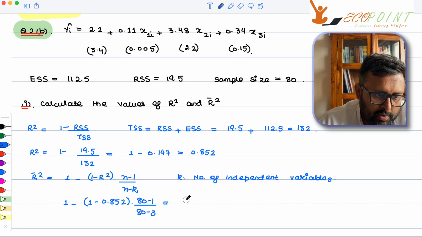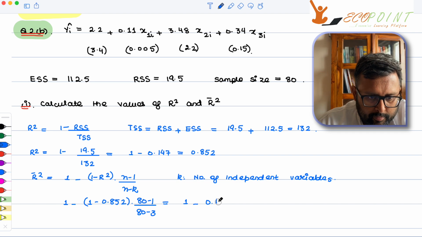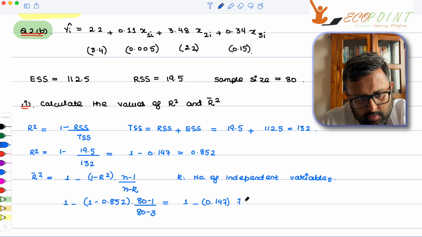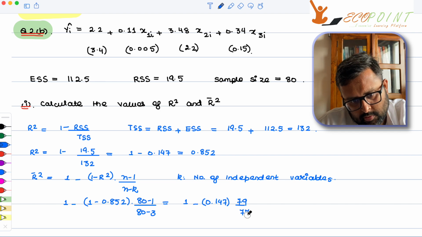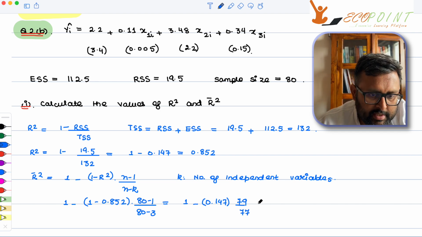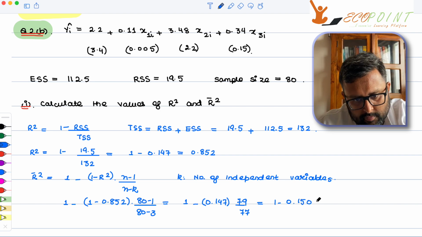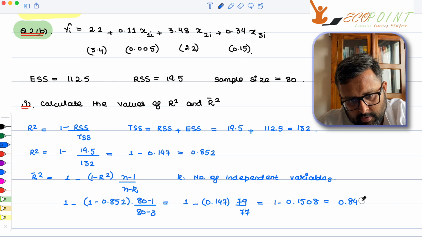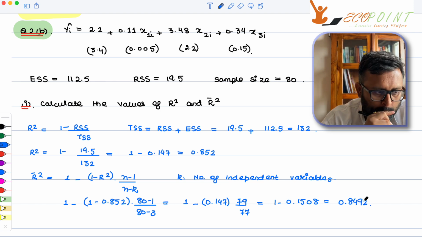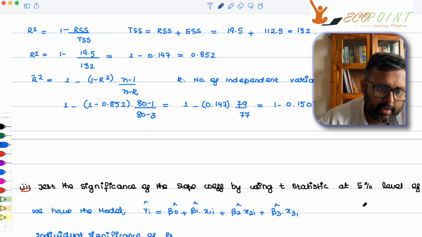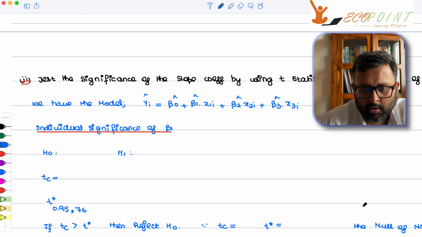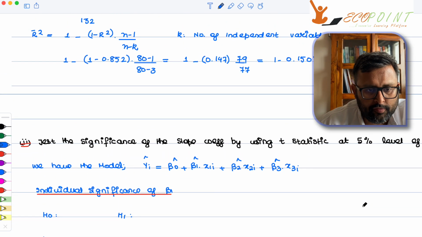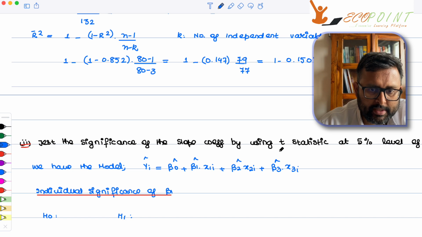So this comes out to be 1 minus 0.147 into 79 by 77. 0.1508, which comes out to be 0.8492.